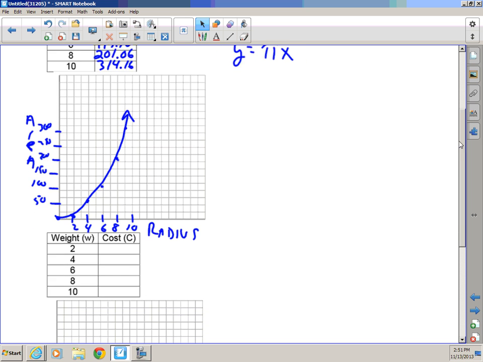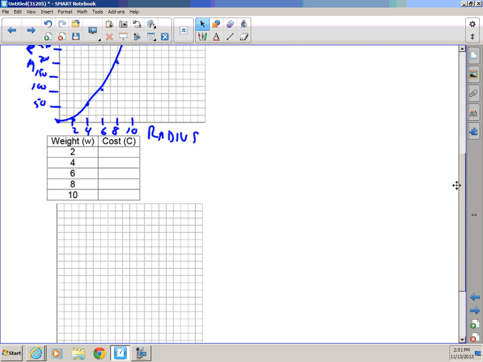Then I'm going to graph the weight. So it's 40 cents an ounce, or 80 cents for 2, $1.60, $2.40, $3.20, and $4. So I want to graph that relationship.